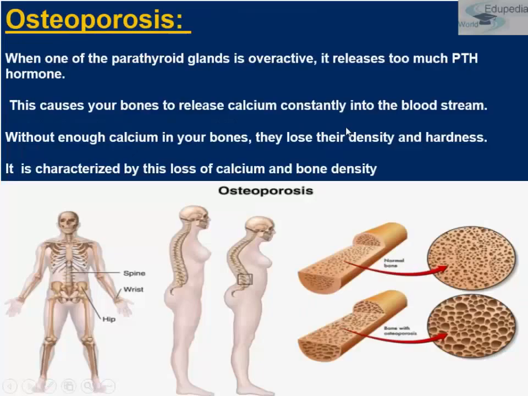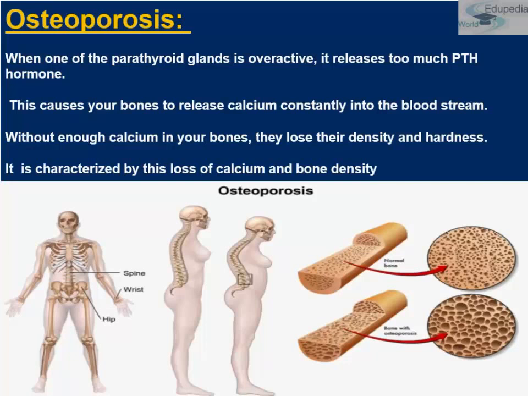Now the third disorder is osteoporosis. Osteoporosis occurs when a parathyroid gland is overactive. As there are four parathyroid glands present on the thyroid gland, when one of the parathyroid glands is overactive, it releases too much PTH, that is parathyroid hormone, and that causes your bone to release calcium constantly into the bloodstream.